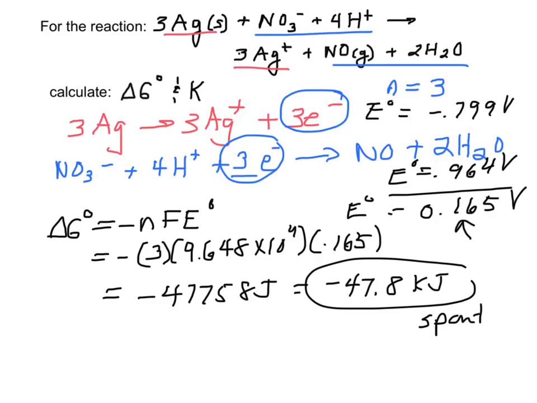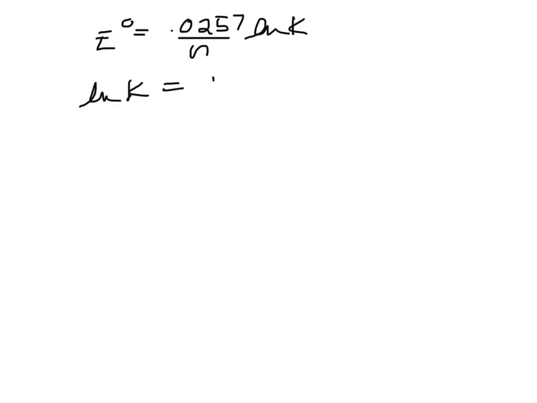Let's go ahead now and use that and see if we can find the equilibrium constant also. E0 is 0.0257, since we're at 25 degrees Celsius here, over N times the ln of K. So the ln of K is N E0 over 0.0257.